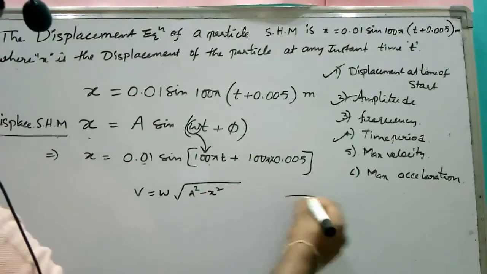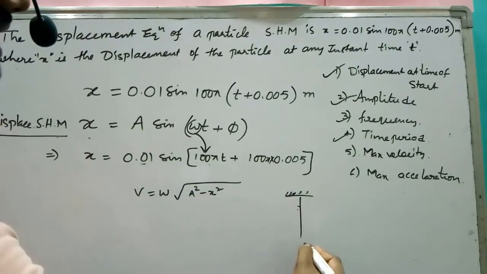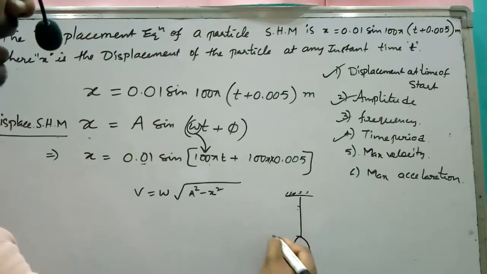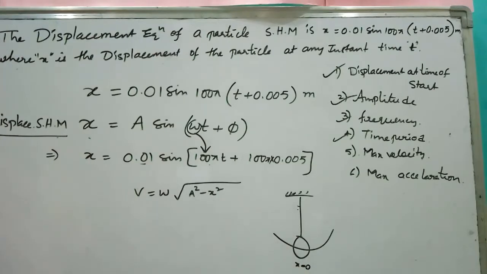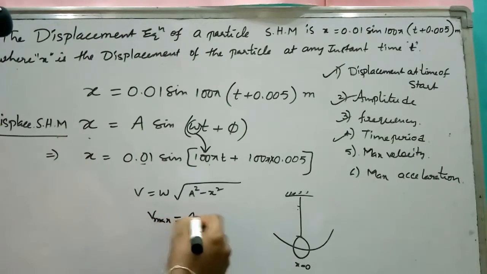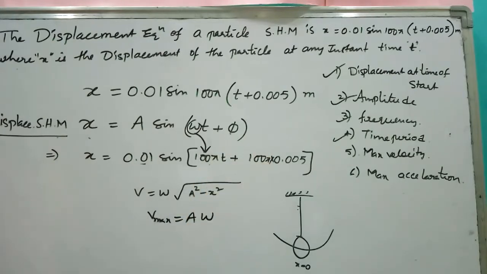This oscillator has maximum velocity at the mean position, that is x equal to 0. If we substitute x equal to 0, we get the maximum velocity of the oscillator. That is V maximum equal to A omega. Nothing but the product of amplitude and omega gives the maximum velocity of this oscillator or this particle.